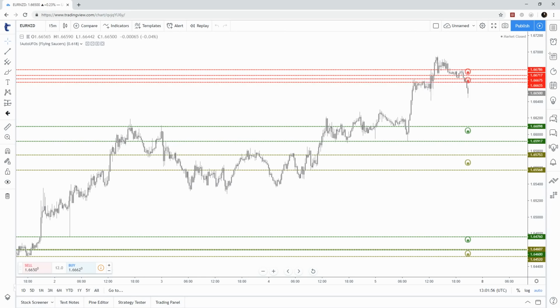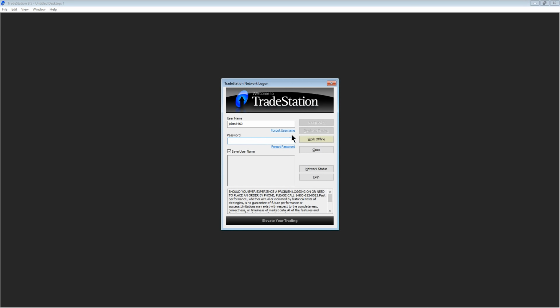I have TradingView ready. I am also loading TradeStation. Today we're going to be using two platforms depending on what it is that we're going to be doing. We may switch back and forth between platforms because like everything in life, everything has pros and cons, and TradeStation is amazing and has amazing pros, but also some cons, and TradingView is also amazing and has many amazing pros, but also some cons.